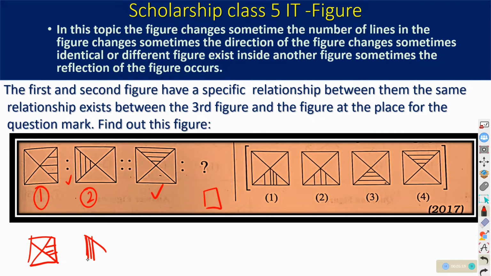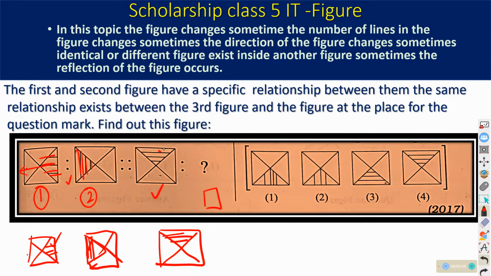That means this horizontal became vertical and it went to the opposite side. In that case, this one, let me draw it, which is having horizontal here, will become vertical and will go to the opposite.